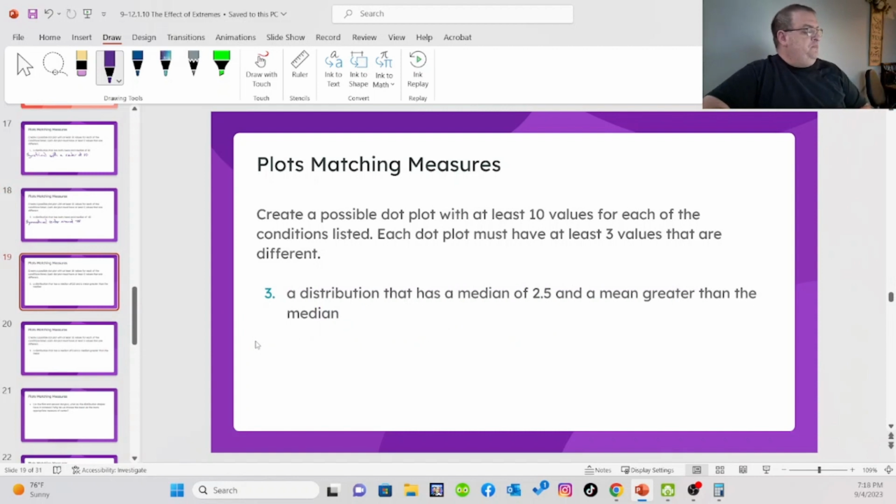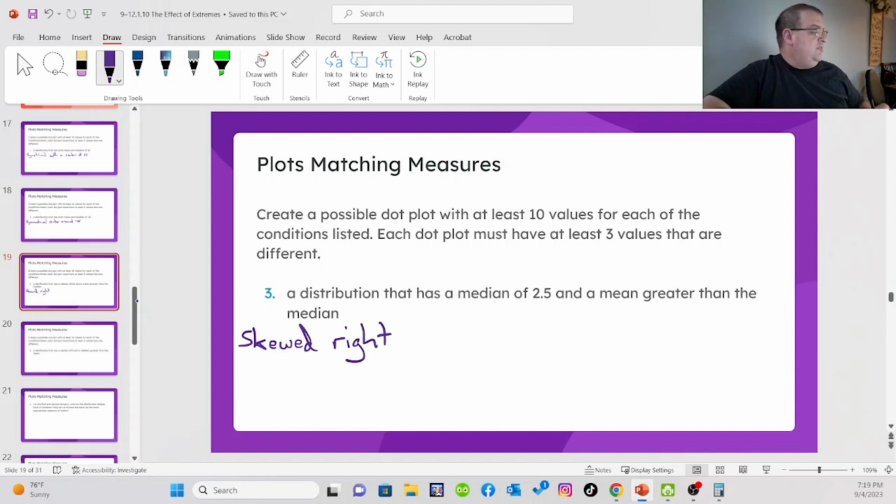Our third one, we want a distribution that has a median of 2.5 and a mean that is greater than the median. In order for them to not be the same, then we know this must be skewed. And if I want the mean to be greater, it must follow a tail to the right. That will cause the mean to follow the tail into bigger and bigger numbers. So we want skewed right.